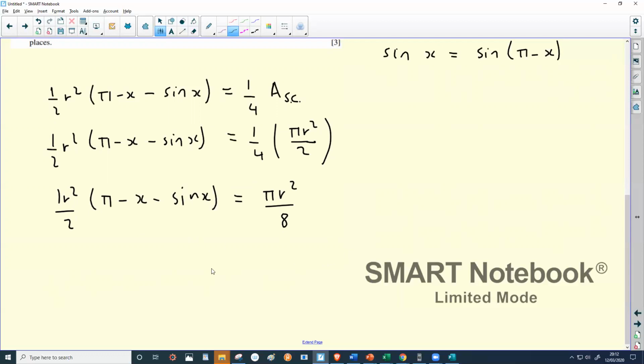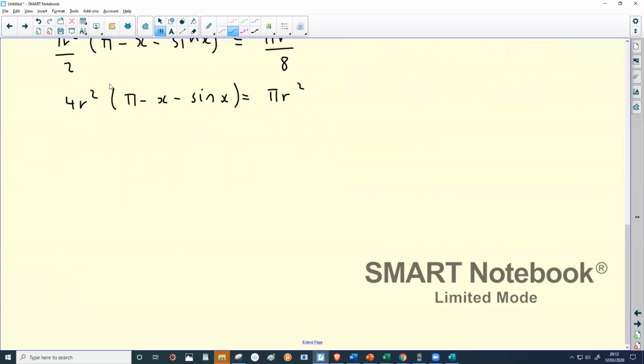If I cross multiply here, so take the 8 up to the top, I get 4r squared (pi minus x minus sine x) equals pi r squared. And so now I'm going to expand this bracket in there. So I get 4 pi r squared minus 4r squared x minus 4r squared sine x.